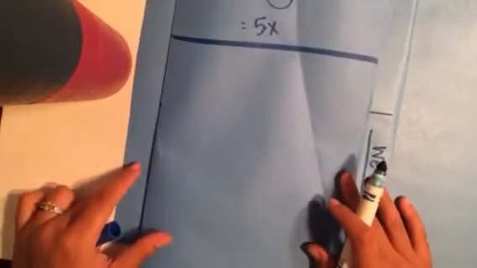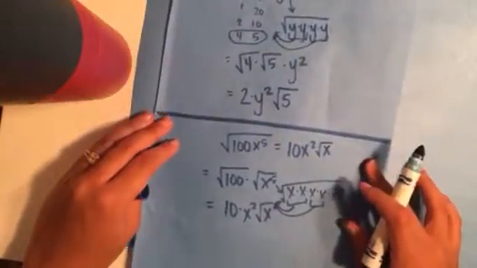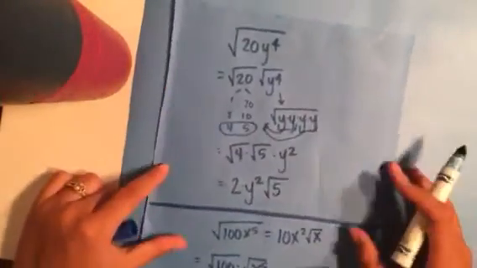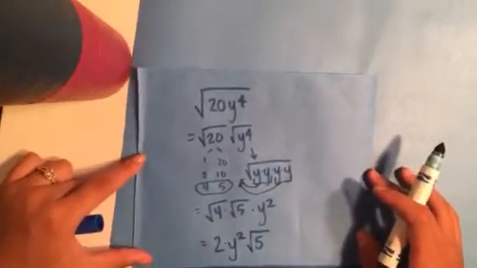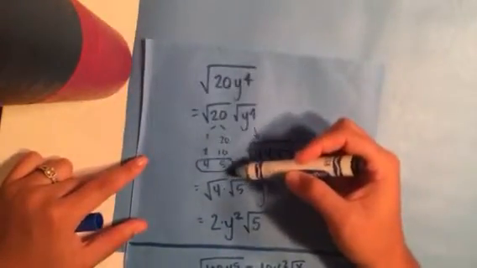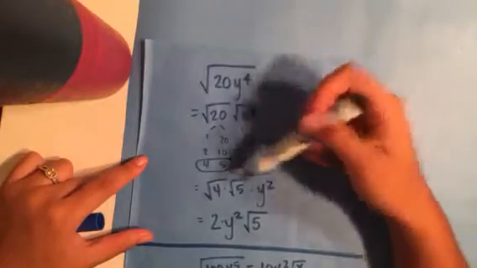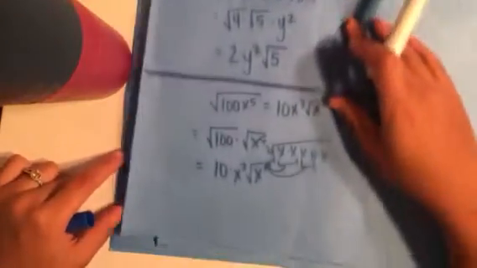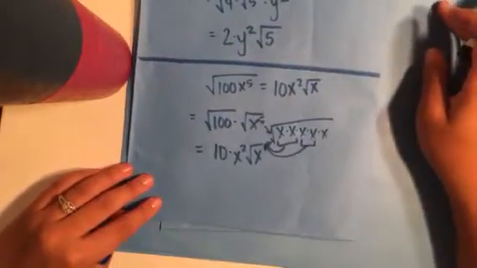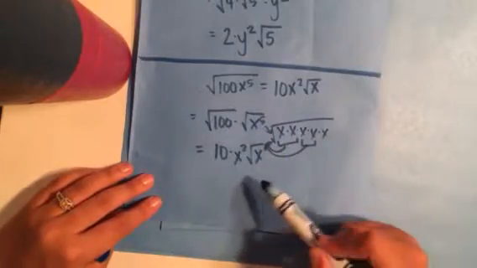I actually want to give one more example before we get off. Here we were showing how we can take numbers that are not perfect squares and simplify them, and then variables, and do it all at the same time. Here was an example of a perfect square and some variables and how we can break it all down.